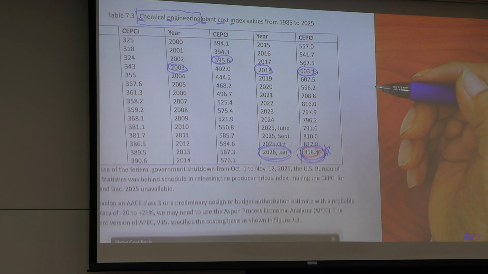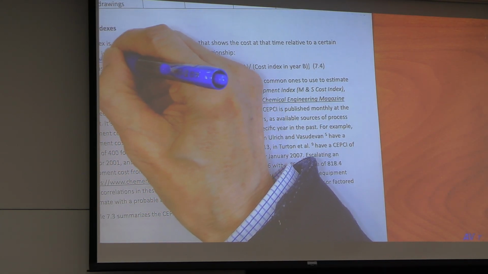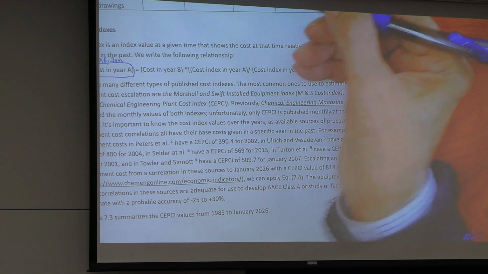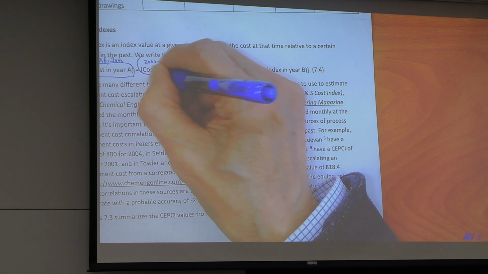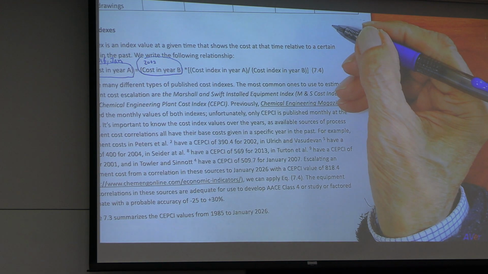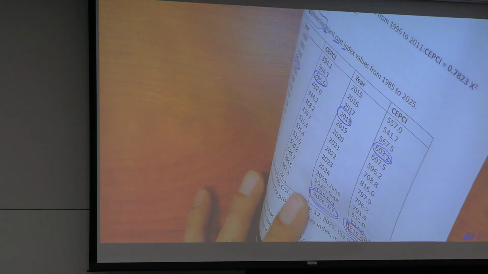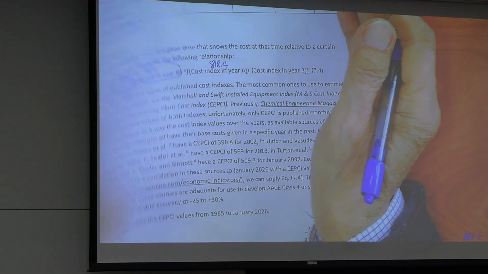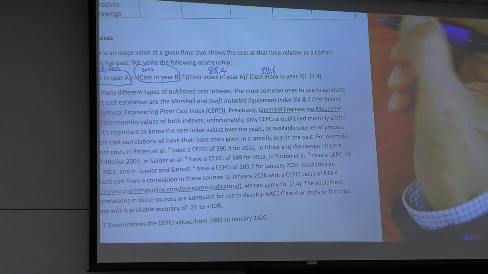Okay? So now, what's the concept of cost index? Cost in year A, 2018, January. Your cost, 2002. So, cost index in year A, 818.4. Year B, 395.6.